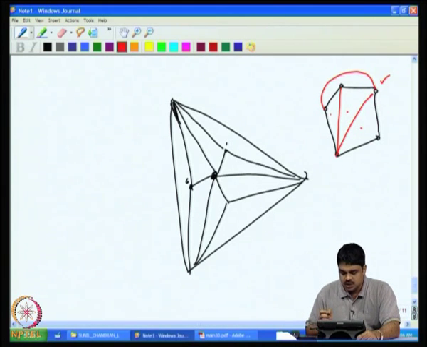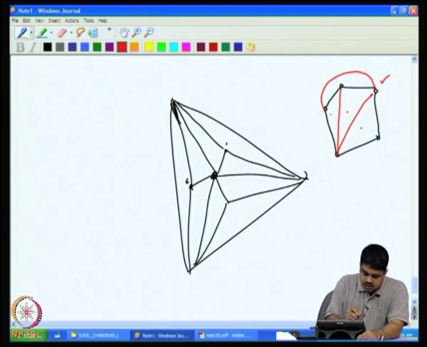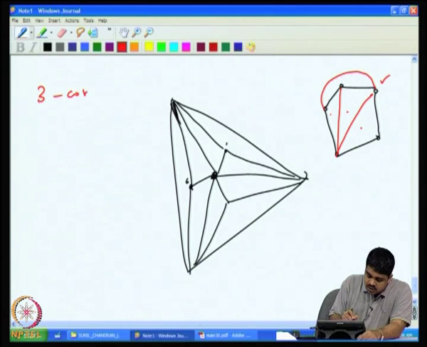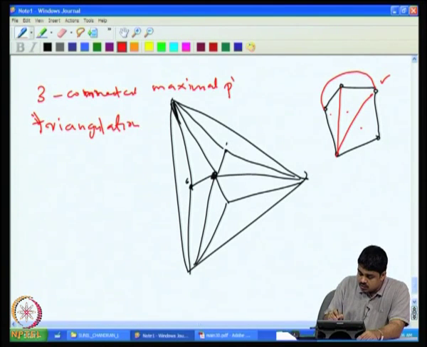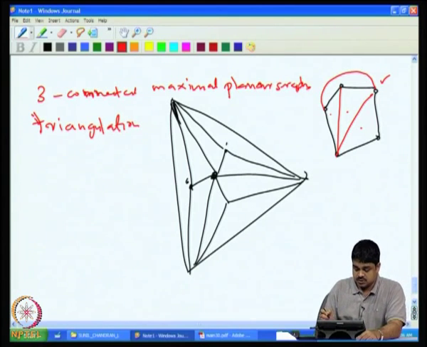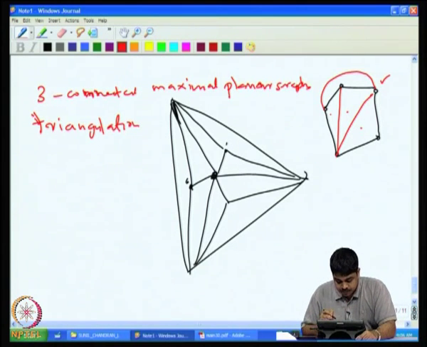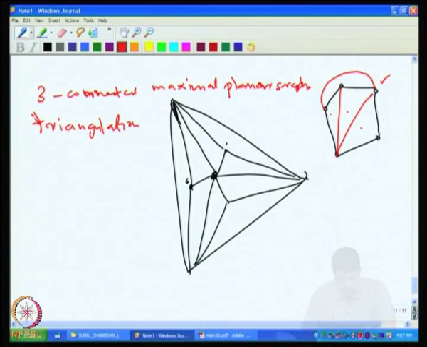So when we considered three connected triangulations, that means three connected maximal planar graphs in the original, in the dual we will get three connected cubic graphs.